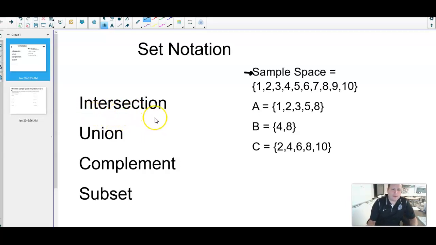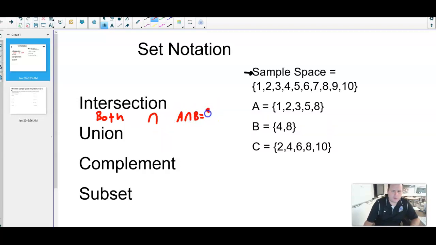Intersection. If I'm looking at 2 different sets, I'm looking for the objects that they have in common. A lot of times I'm looking at multiple sets, and for intersection, I want to know what they both have, essentially. The symbol for this is just an upside down U. So we could ask, what is in my set A intersection B?